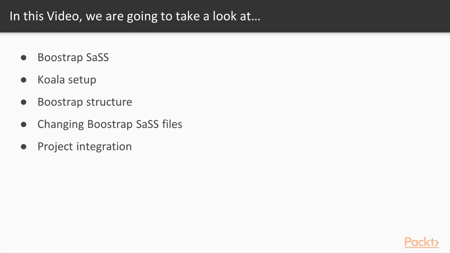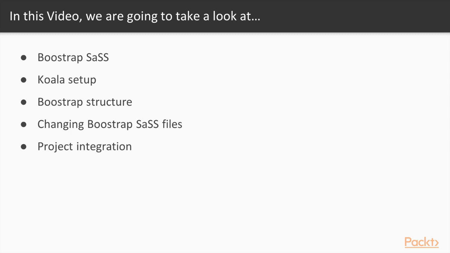What does our project structure look like in terms of Bootstrap, what do we have to do, and what are some of the best practices here? Can we, and how can we, change Bootstrap SaSS files? And finally, how to integrate the complete build process into our workflow.